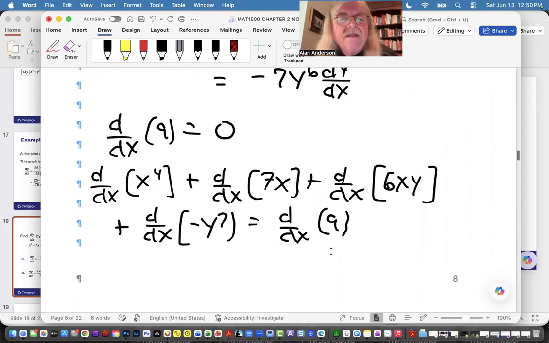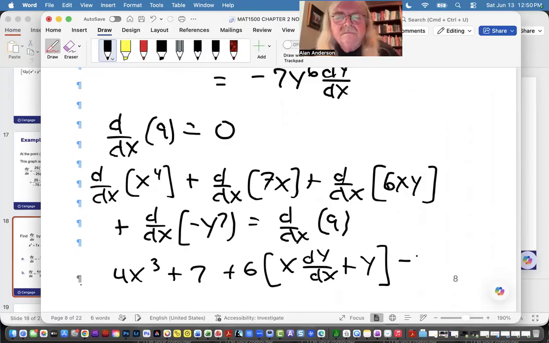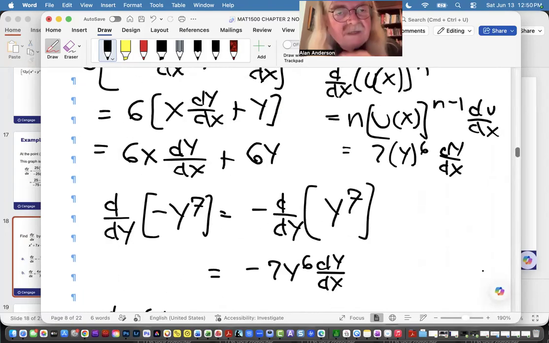All right, so we ended up with 4x cubed plus 7.